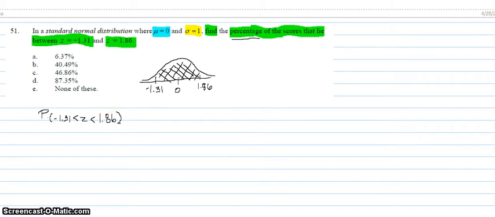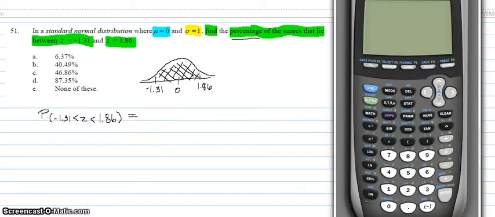Okay, to do this, we're going to use normal CDF. All right, so I'll draw my equal sign. I'm going to bring up the calculator. Remember, to get to normal CDF, it's second distribution. I'm going to turn it on first. Second distribution. Arrow down to number 2, normal CDF. Enter. Our lower is negative 1.31.